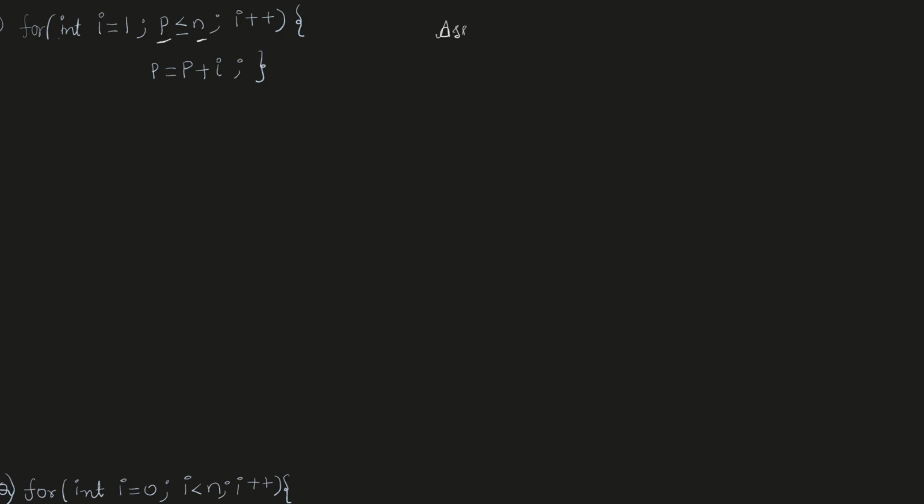So we basically assume it as 0. We assume p value as 0. In many questions you would have seen I in place of p, but here there is a new variable p. So to solve problems like this, you need to assume the value of p as 0.